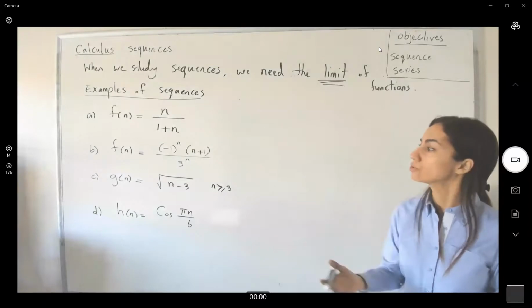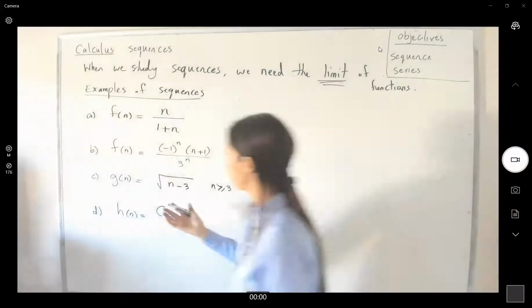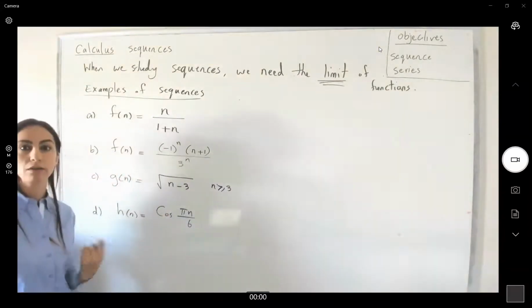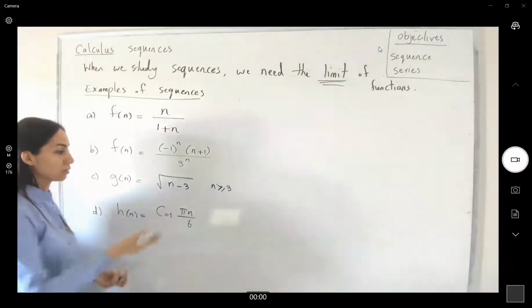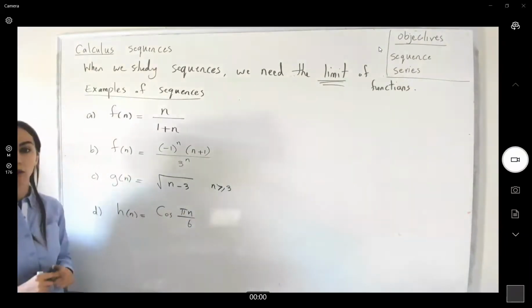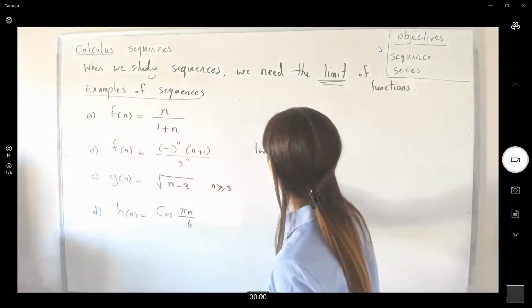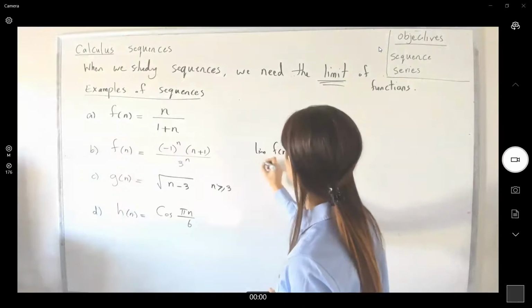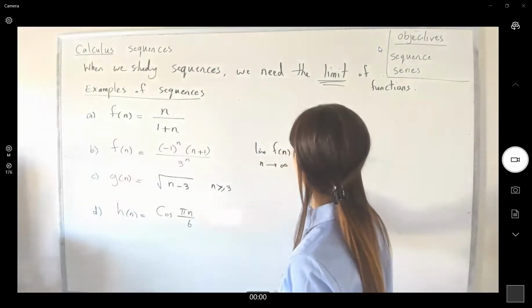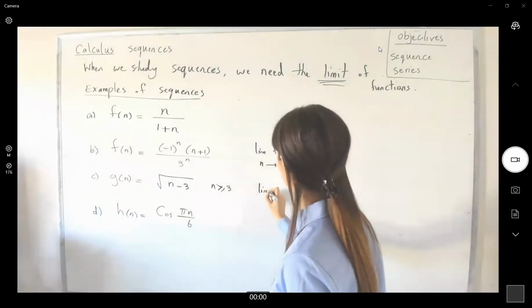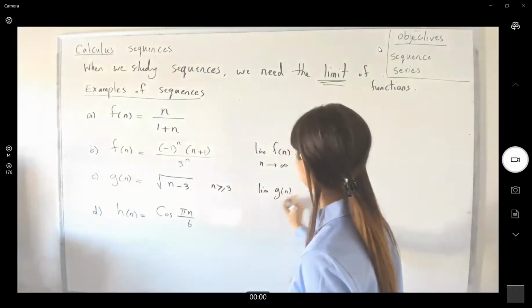You're allowed to use any function notation that you use, like square root, the fourth root, the third root, trig functions, and so on. We are interested in finding the limit of these sequences while n goes to infinity. What is the limit here?